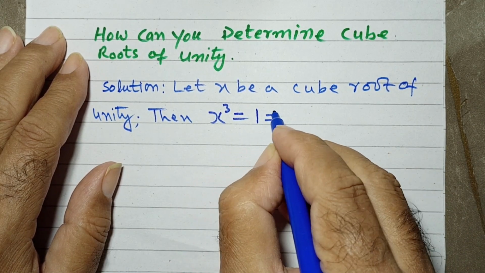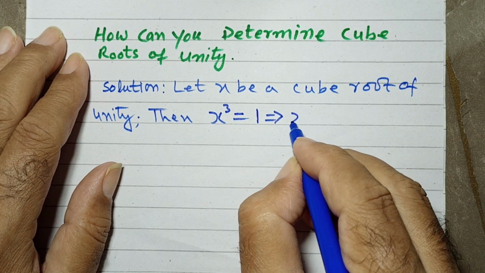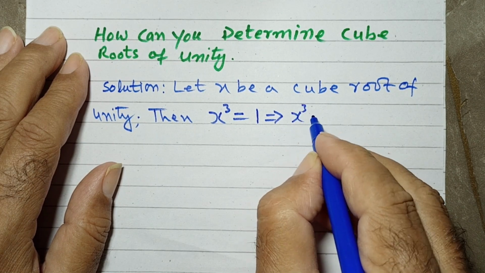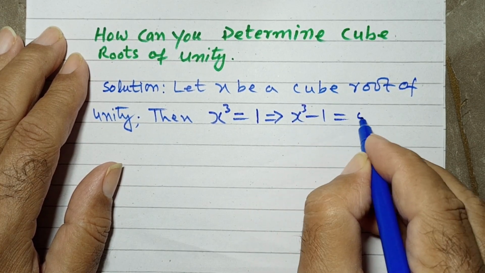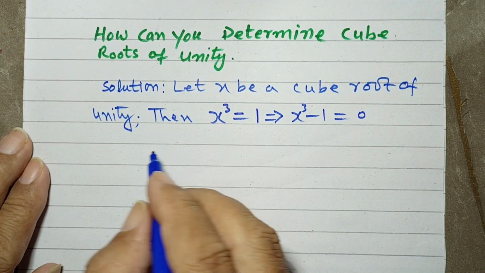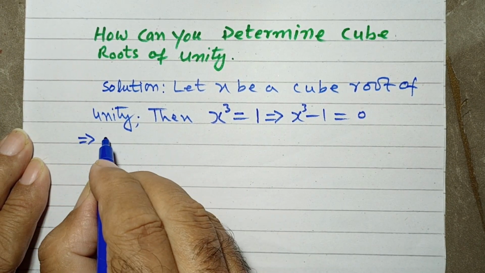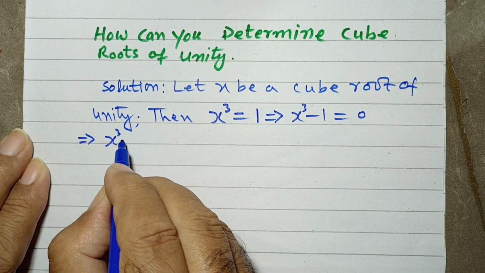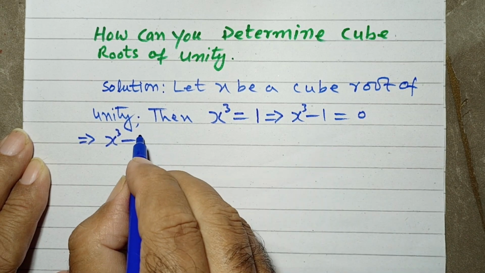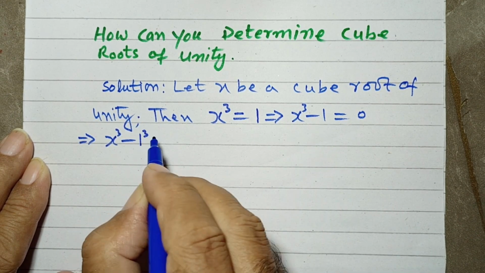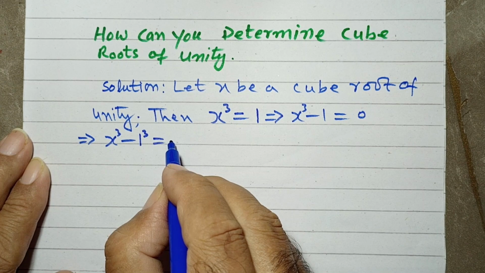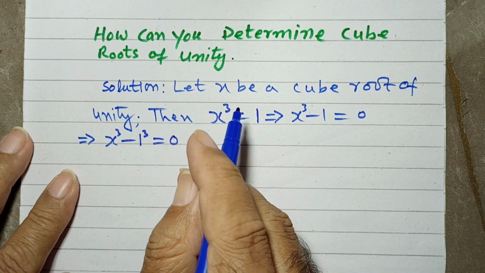This implies x cube minus 1 is equal to 0. This implies x raised to power 3 minus 1 can be written as 1 raised to power 3. This is equal to 0.